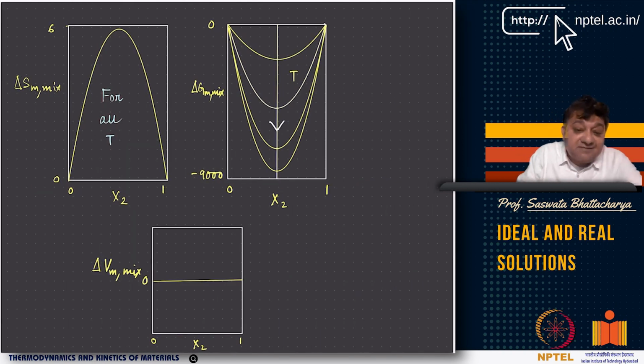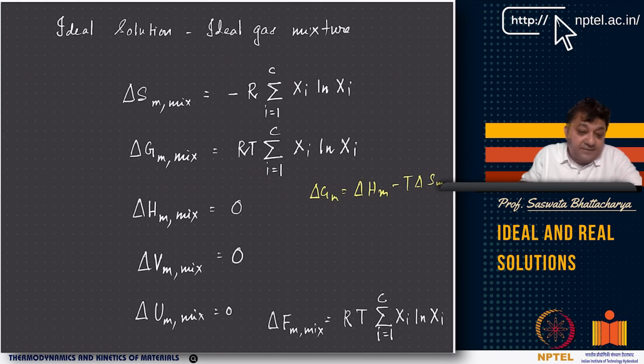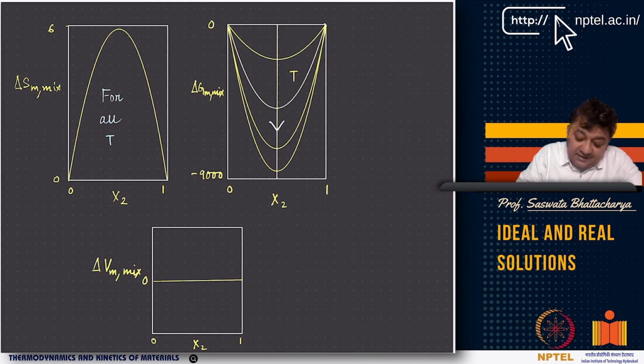Now delta S_m of mixing is independent of temperature, because it is basically minus R sum X_i ln X_i, and it has a maximum value at 0.5 for a binary system.